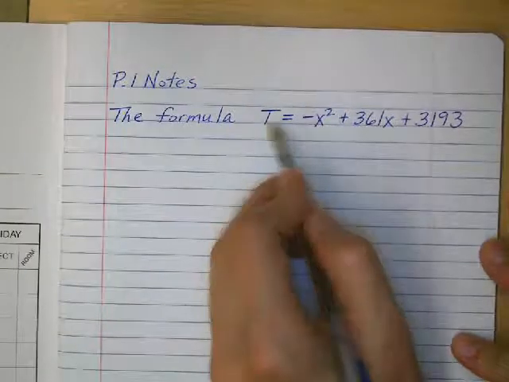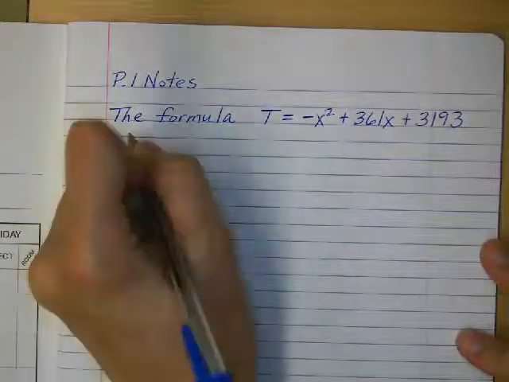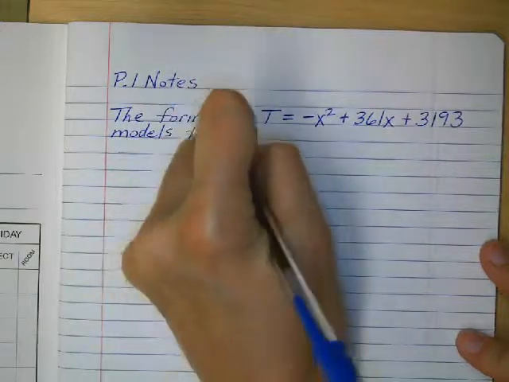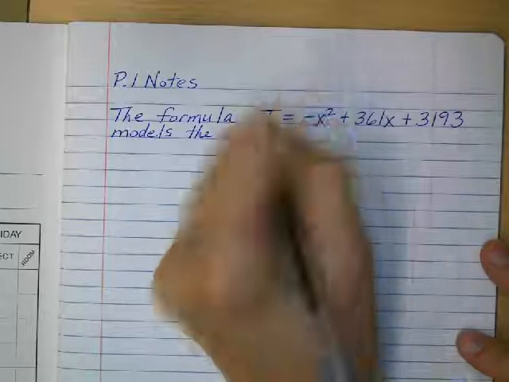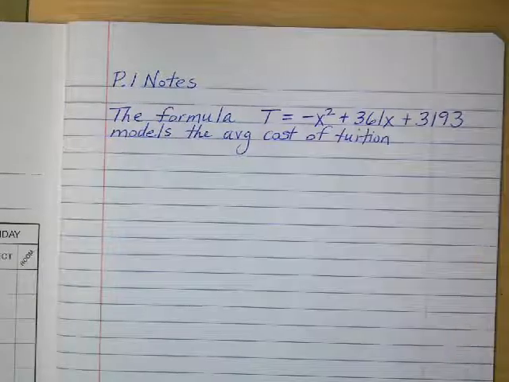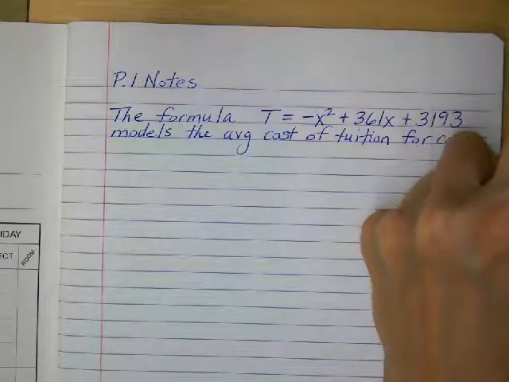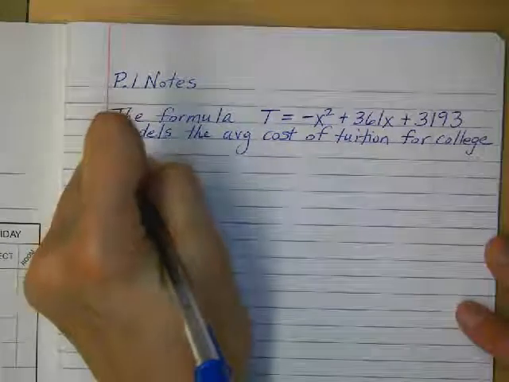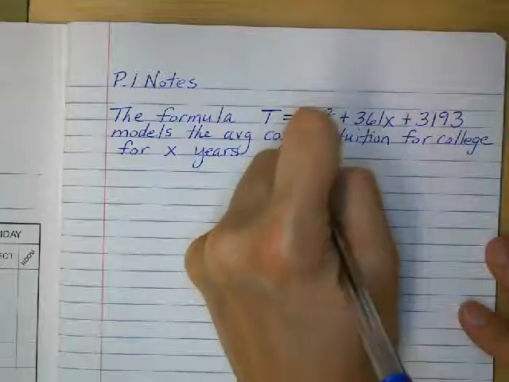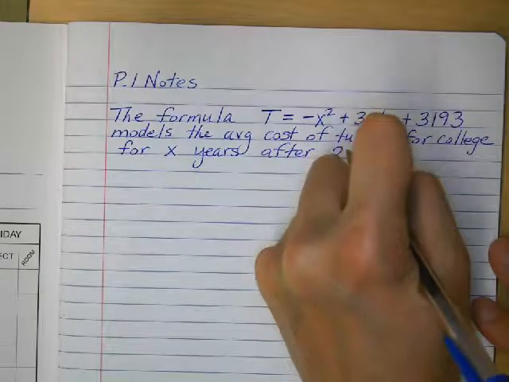This formula, T equals negative x squared plus 361x plus 3,193, models the average cost of tuition for college for X years after the year 2000, after 2000.